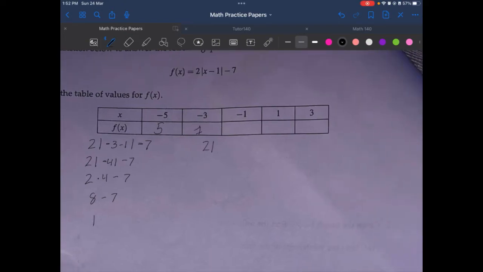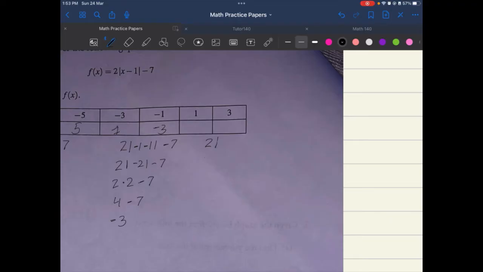Next, 2 times the absolute value of -1 minus 1, minus 7. -1 minus 1 is -2, the absolute value of -2 is 2, so 2 times 2 minus 7, 4 minus 7, this is -3.